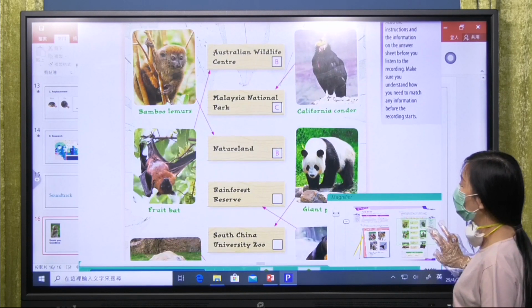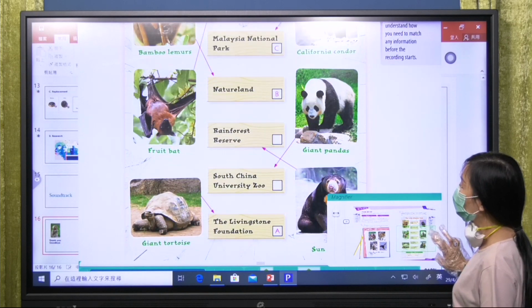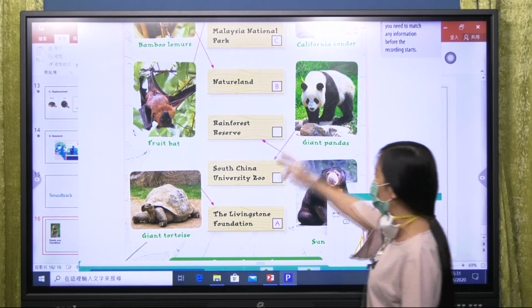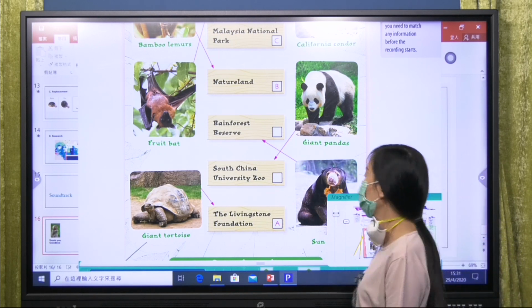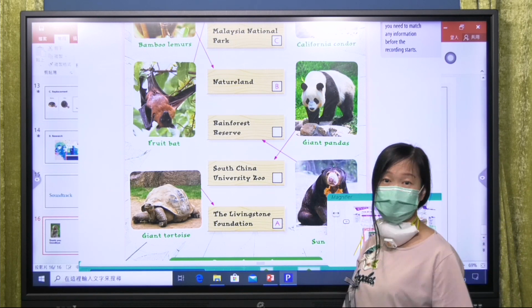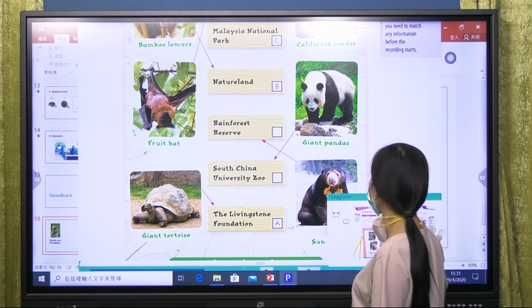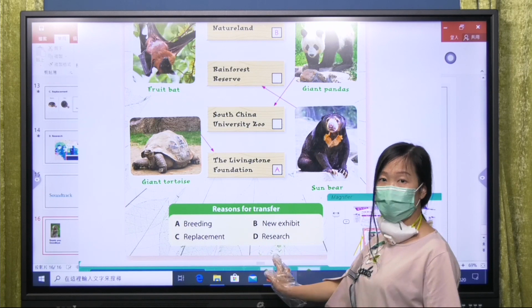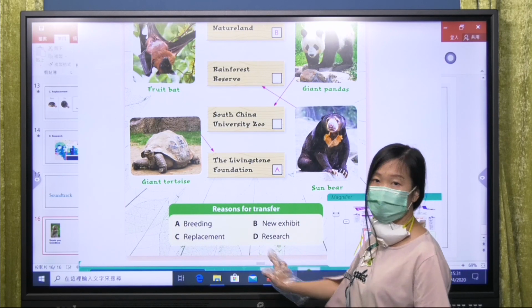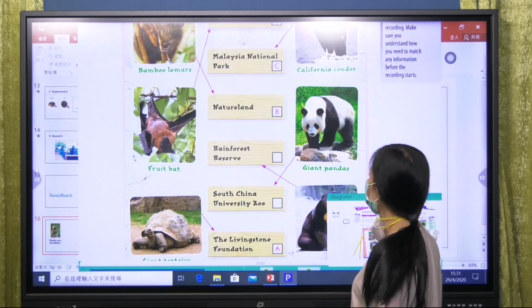And then we have, okay, the panda will go to South China University Zoo. Why? Because they want to have a study of the panda. So, study, the same word, research, here.